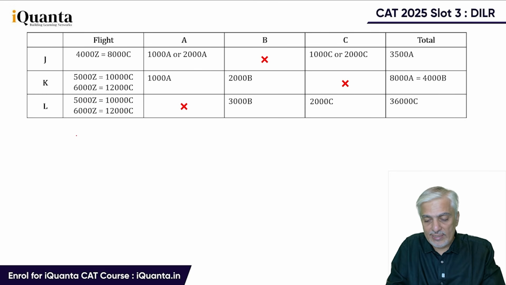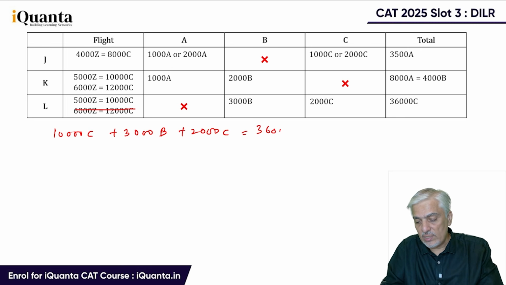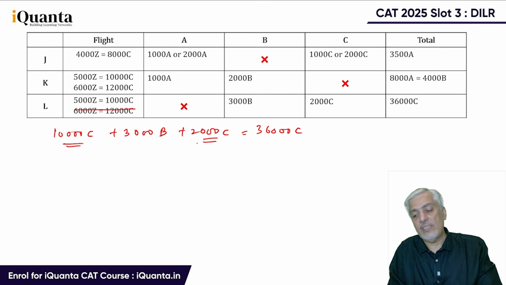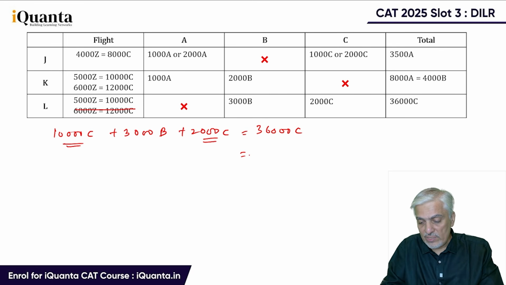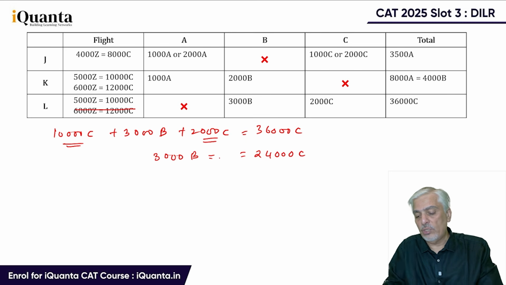So the other case will be 10,000 C. So this case I'm assuming is wrong. The other case is 10,000 C plus 3,000 B plus 2,000 C is equal to 36,000 C. So 10,000 plus 2,000 is 12,000. 36 minus 12 is 24,000 and 3,000 B is equal to 24,000. So B is equal to 8C.